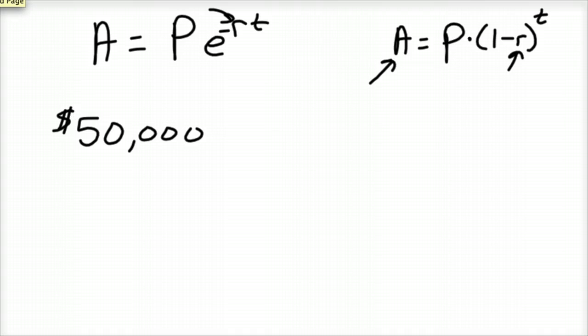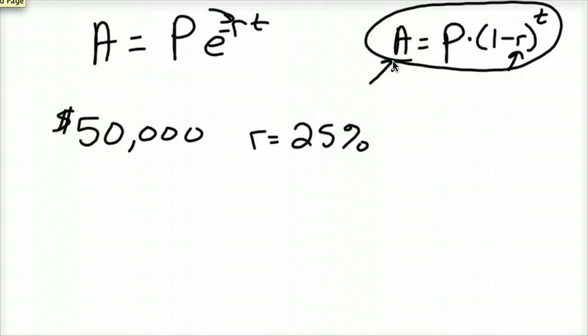Well, I know that cars, for the most part, decay at a rate of 25% per year. That is their rate of decay instead of growth. So we'll use this one for now, and I'll show you how this half-life works.